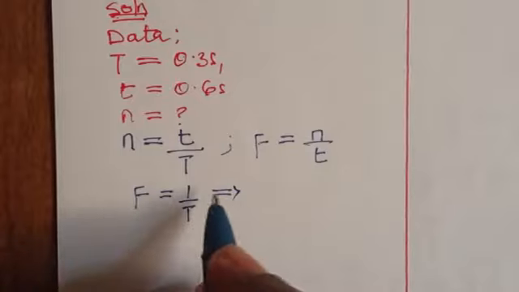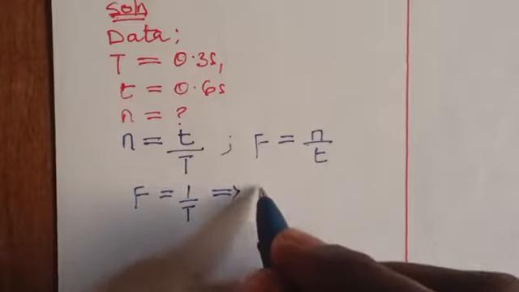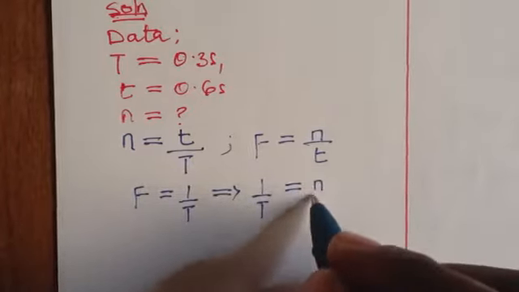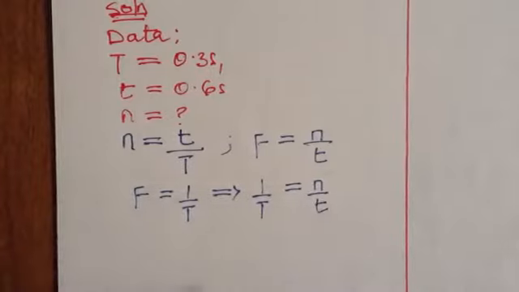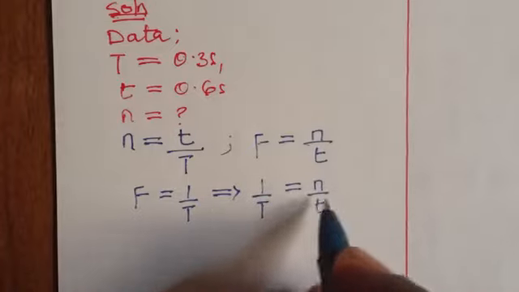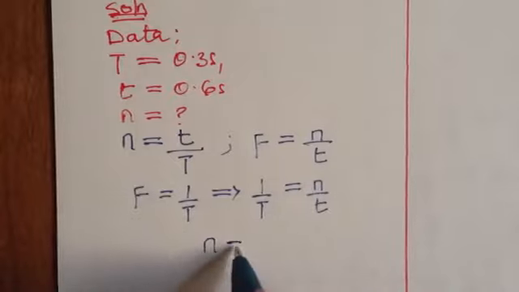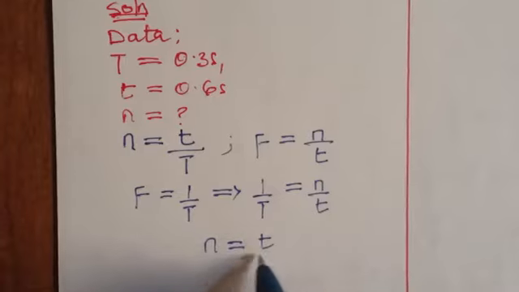Anywhere I see frequency, I can just put 1 over T. So 1 over T is equal to N all over t. If I make N the subject of the formula, N will be equal to t all over the period. Is that clear?